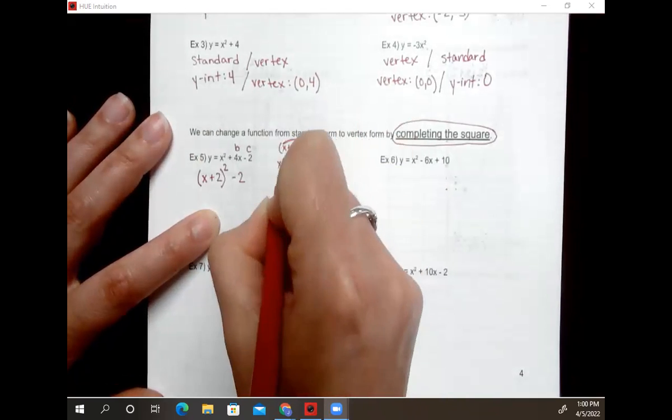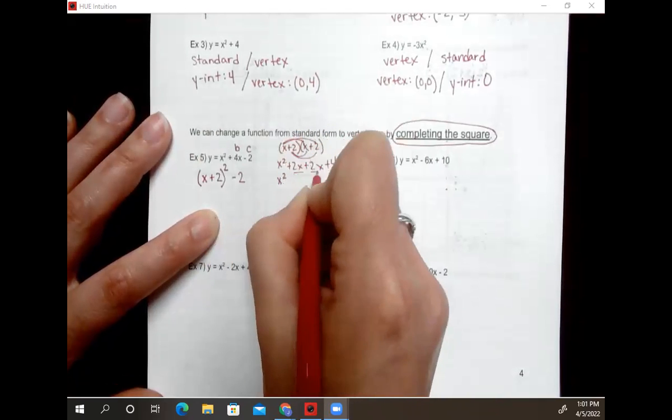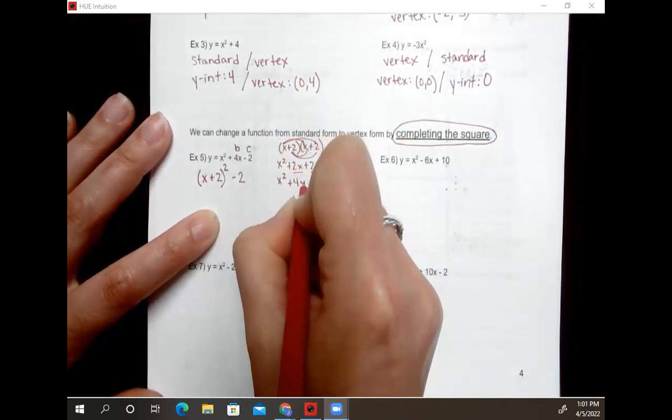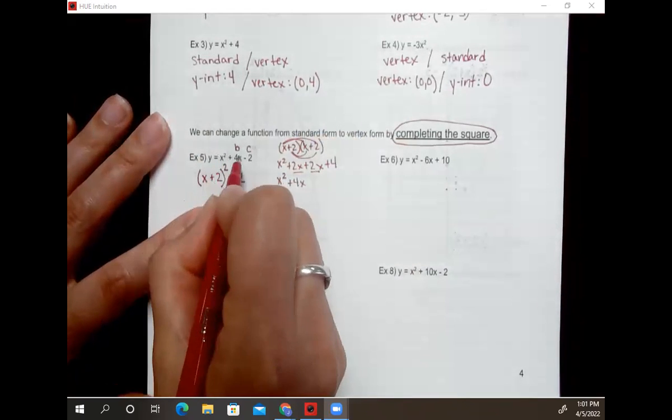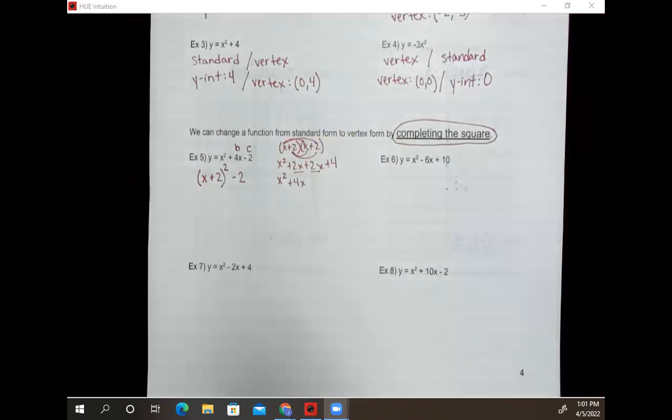And so if I combine like terms here, I get X squared plus 4X. Well, that's perfect because that's what I already have here. And when I rewrite to these different forms, it should be the same function, right? If I don't have the same function, if I don't have the same pieces, that means I've changed it. We don't want to change anything. We just want it in a different format so we can find different stuff for the graph.